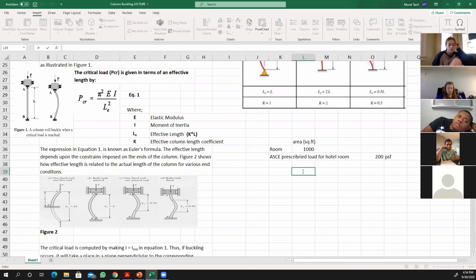And if I want to know the overall total load, what do I have to do? I know the area in square feet, and I multiply it by the 200 PSF. That's going to be the load.